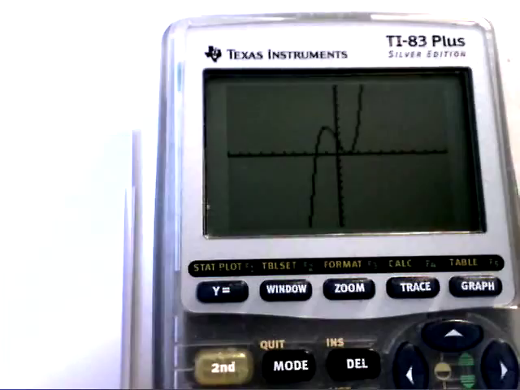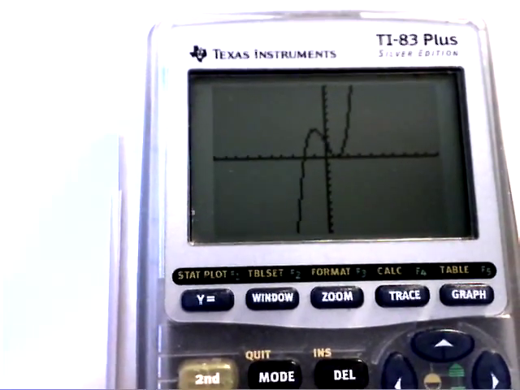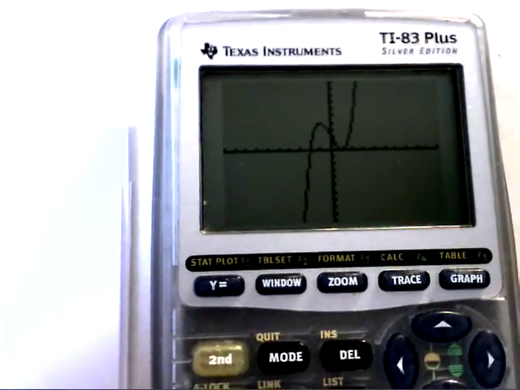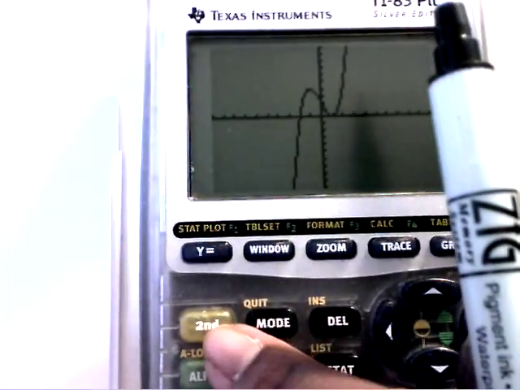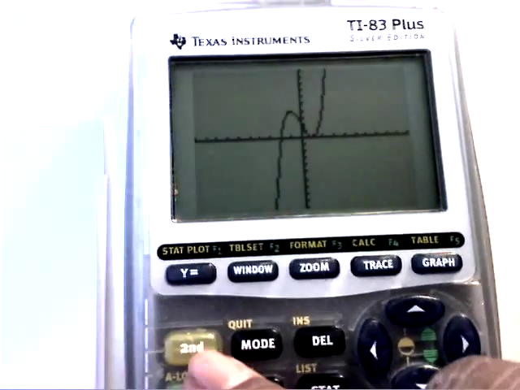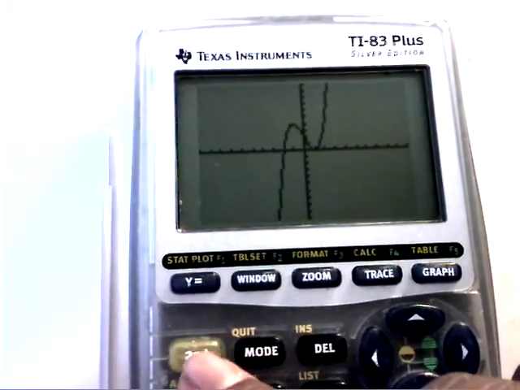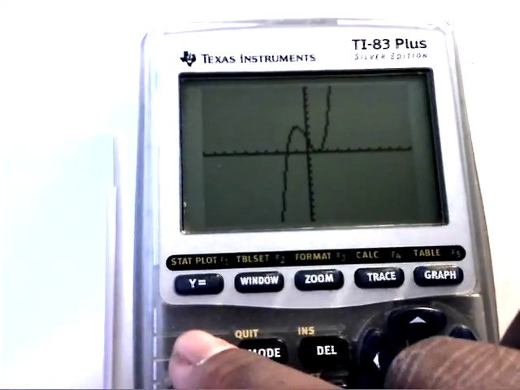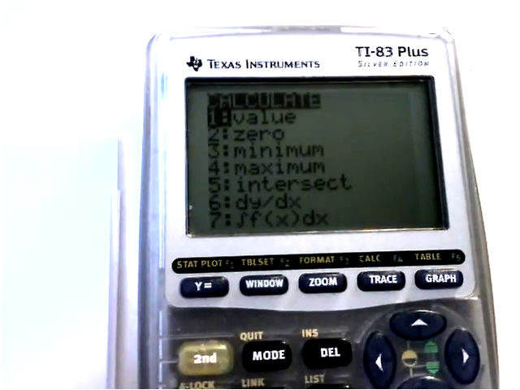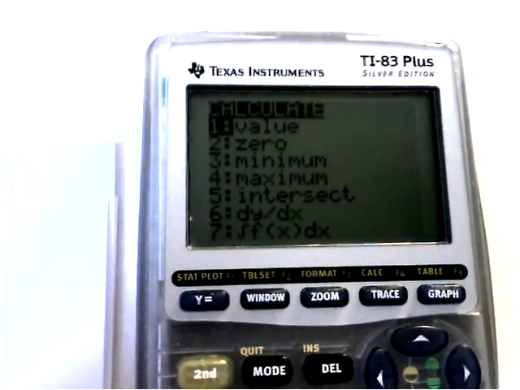Now I want to find f of 3.4. Here's what I'm going to do. I'm going to press second, which is the yellow key on the 83. The second key is the blue key on your 84. So press second and then trace, which is going to give you the calculate menu.